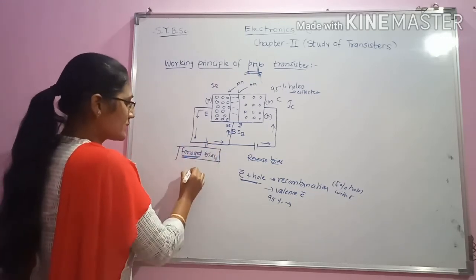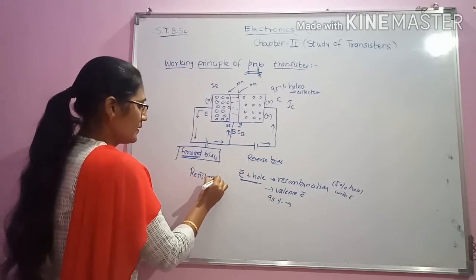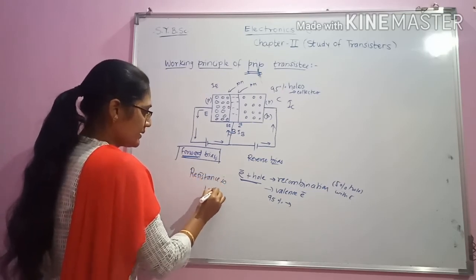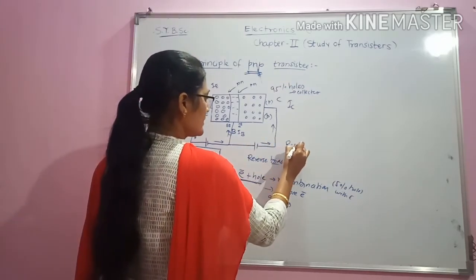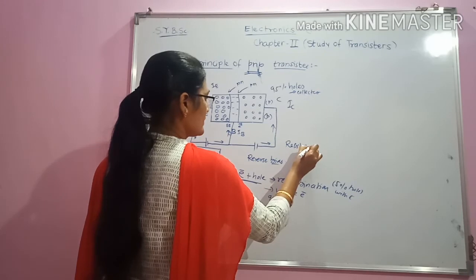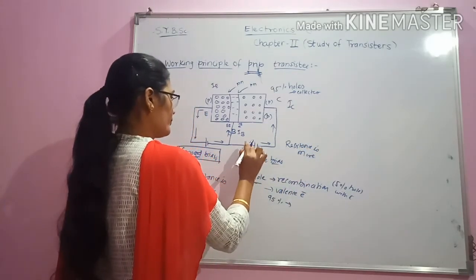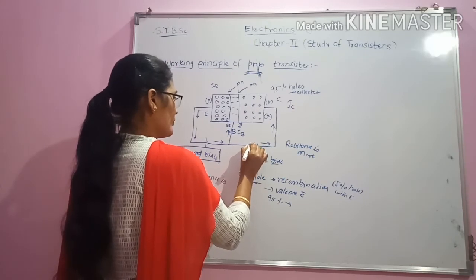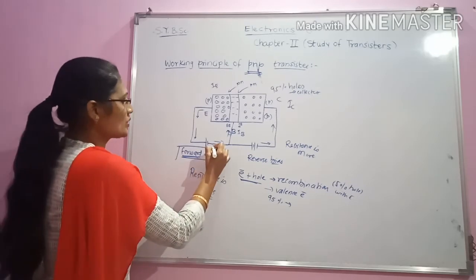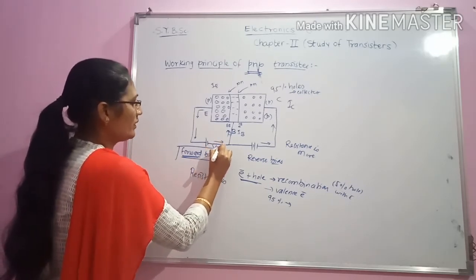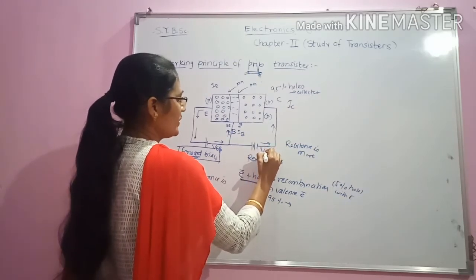During forward bias the resistance is less, and during reverse bias the resistance is more. This battery is called VEB or VBE, and this battery is called VCB.